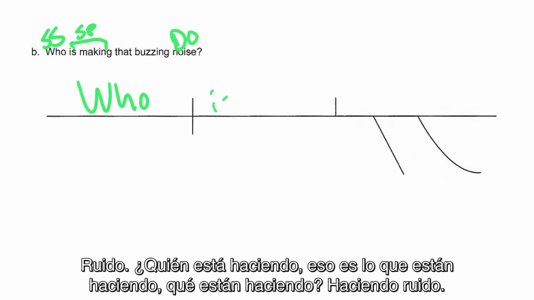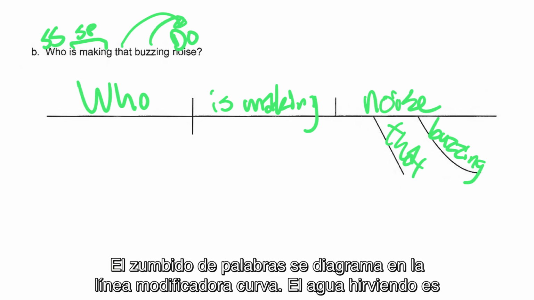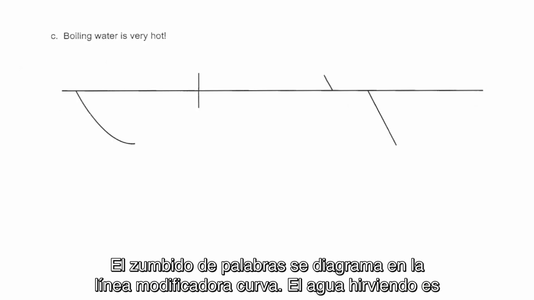What are they doing? Making noise. What kind of noise? Buzzing noise. Which noise? That noise. Our present participle word buzzing gets diagrammed on the curved modifier line.